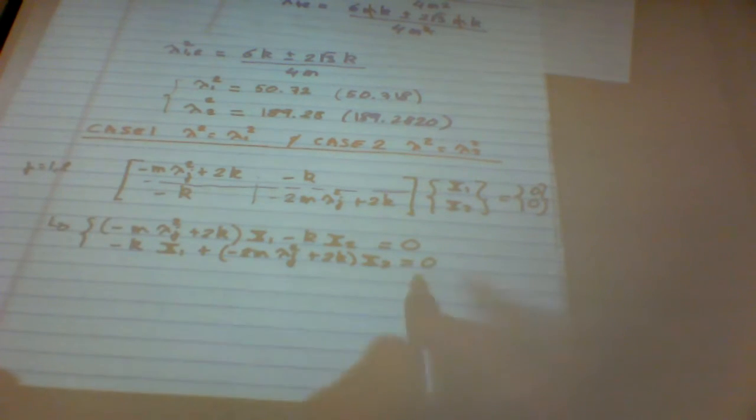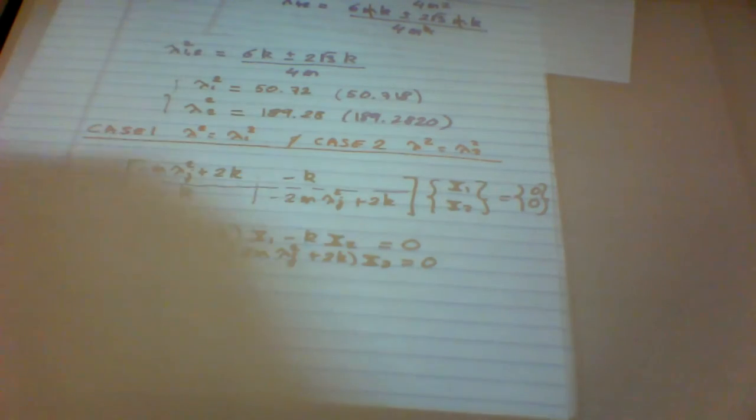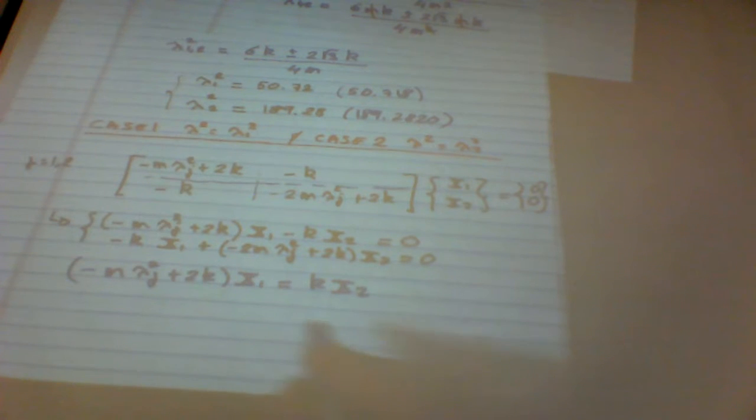So let's say from just one of them, because it should give you the same result. Let's use the first one. What are we going to get? Minus m lambda j squared plus 2k, x1 equal k x2.